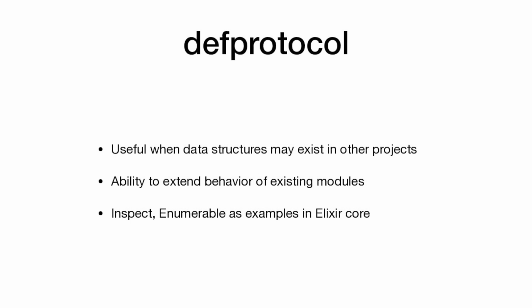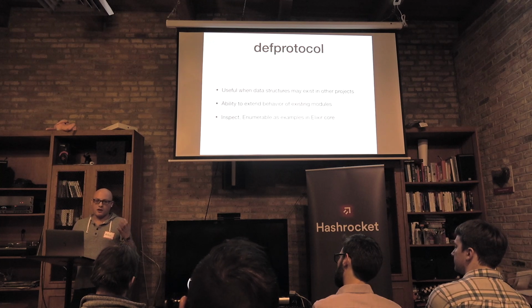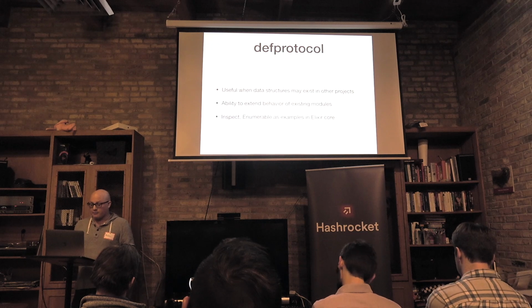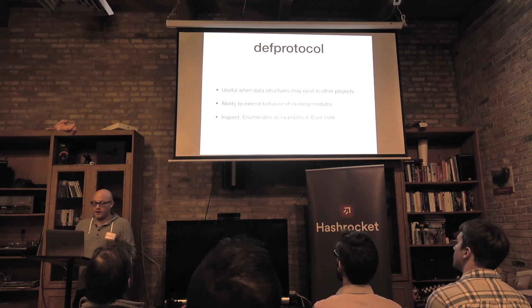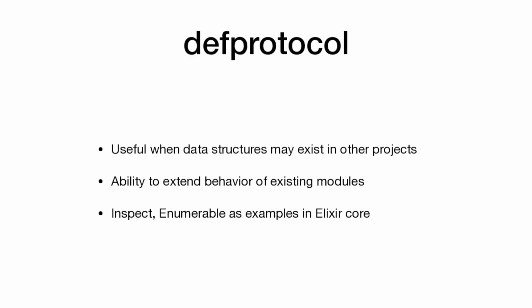It's very similar to Swift protocols and Clojure protocols, if you've ever used any of those. But what you can do is extend the existing behavior of modules that you may or may not control, and if you have your own module, you can establish it to be able to hook into somebody else's pipeline. As an example of this, in Elixir, there are the Enumerable and Inspect protocols.